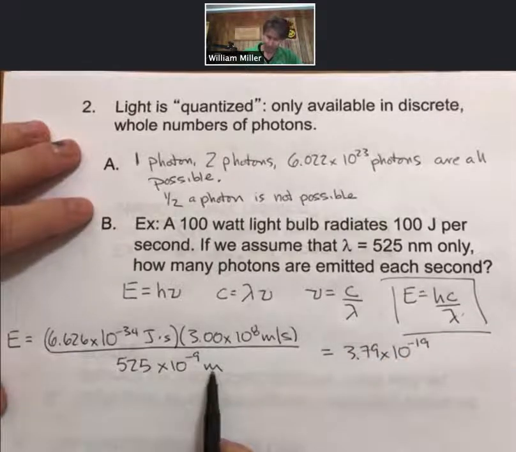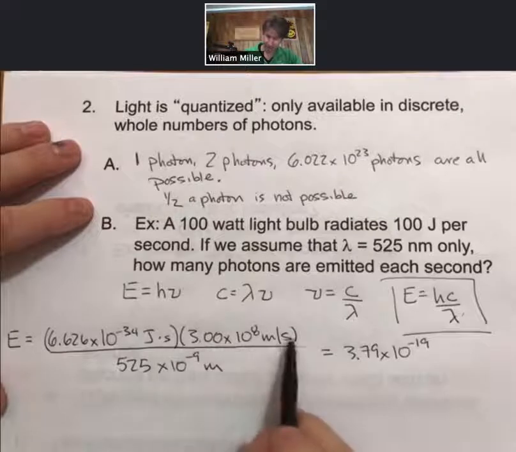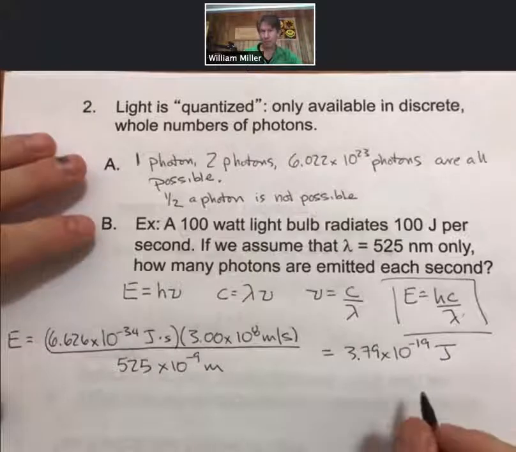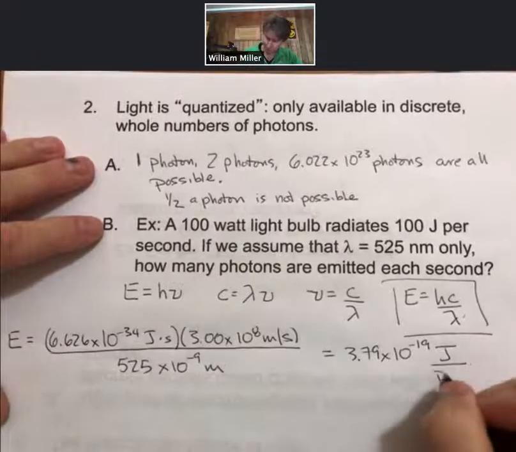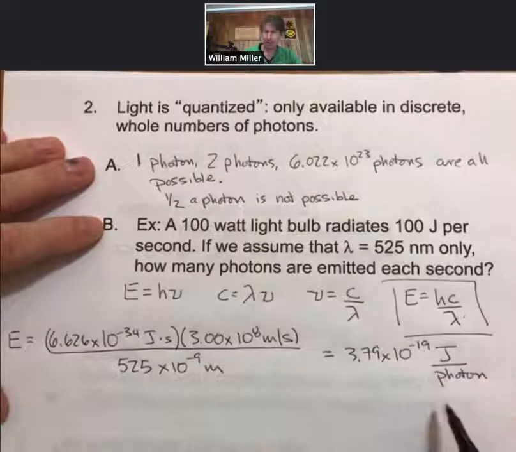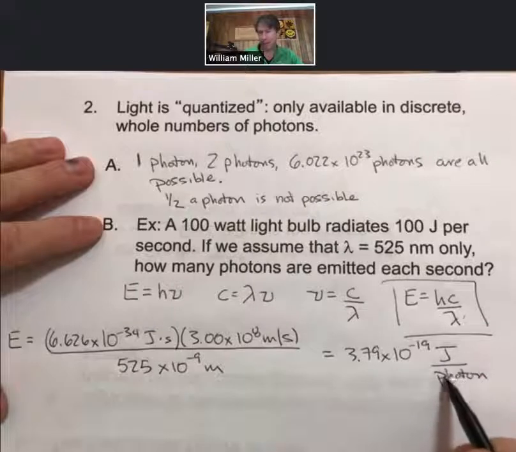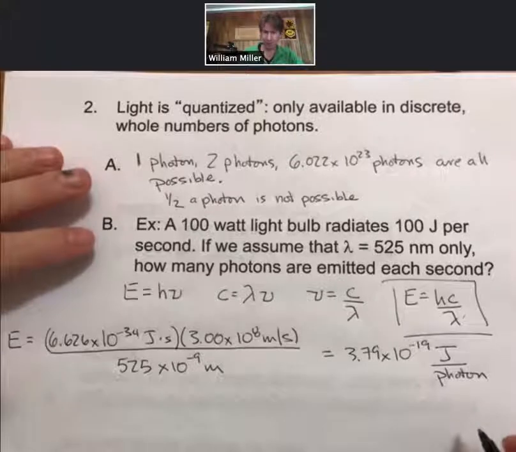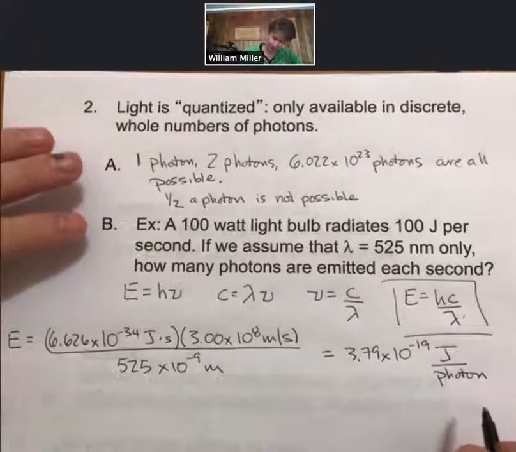And we see that our meters cancel out and our seconds cancel out. So our units here are joules, or as we've already discussed, joules per photon. And now this joules per photon, what we'd like to do is use it as a unit conversion factor. Let me show you how that works.